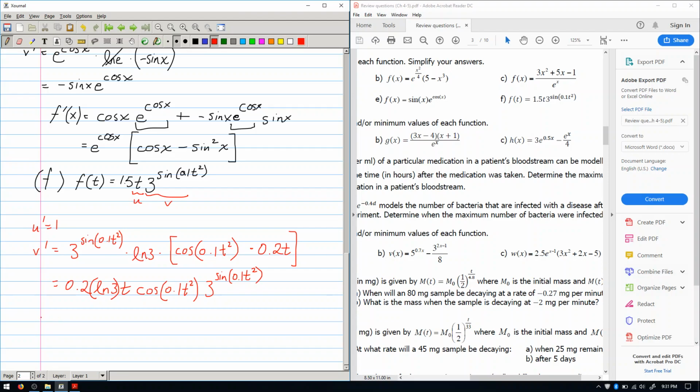So there you go. So now we apply the product rule. So f prime of t is going to be 1.5, don't forget about that, times u prime times v. Here, why don't I just put a dot? Plus v prime, which is this monstrosity, cos of 0.1 t squared 3 to the sine of blah blah blah.